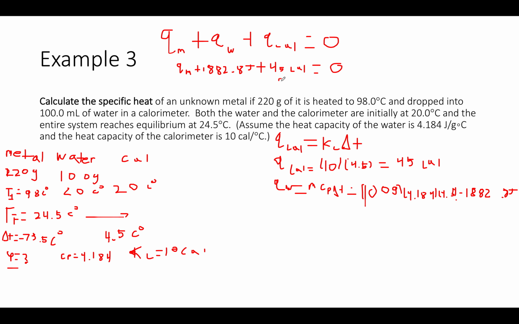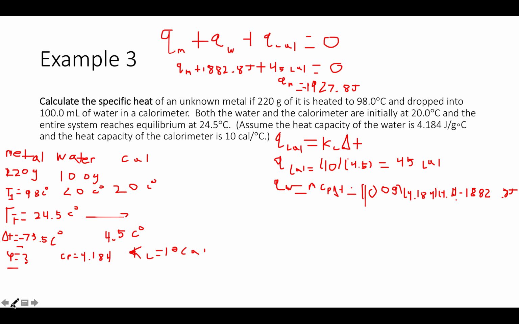And we get the heat of the metal to be negative 1,927.8 joules. Now I'm happy that this is negative because we have a negative delta T for the metal.